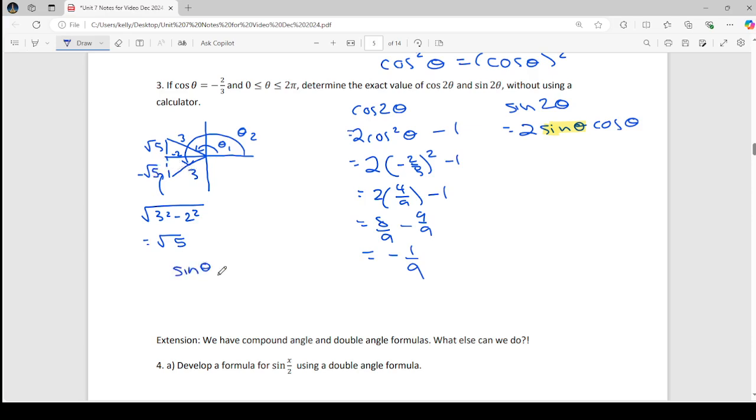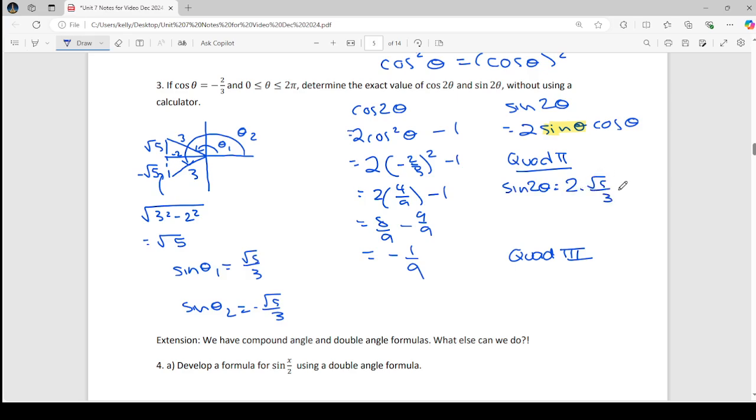So sine theta 1 is positive root 5 over 3, whereas sine theta 2 is the negative root 5 over 3. So we're going to have 2 answers for this. An answer if the angle's in quad 2, and an answer if the angle's in quad 3. So in quad 2, sine 2 theta will be 2 times root 5 over 3 times cos theta, which is negative 2/3.